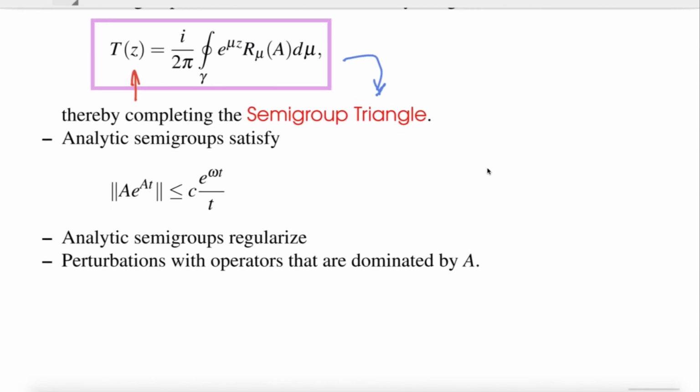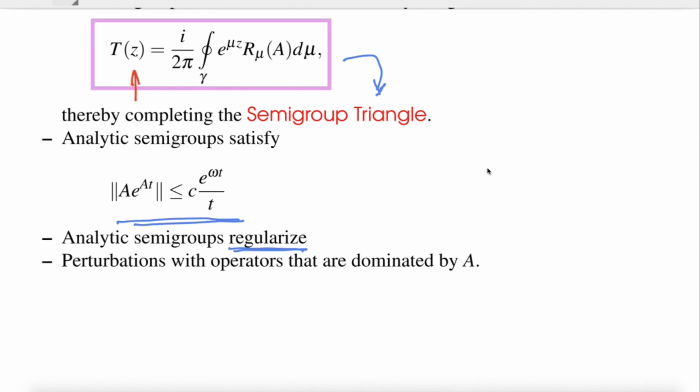And then a little bit more. So analytic semigroups satisfy a regularity estimate. If t is a little bit positive and not close to 0, then we have a good estimate for A e to the tA, which was directly used to show that the semigroup regularizes, so mild solutions become classical solutions.